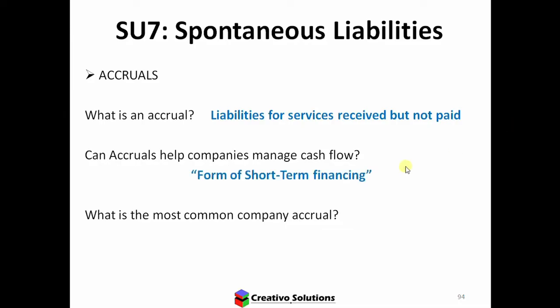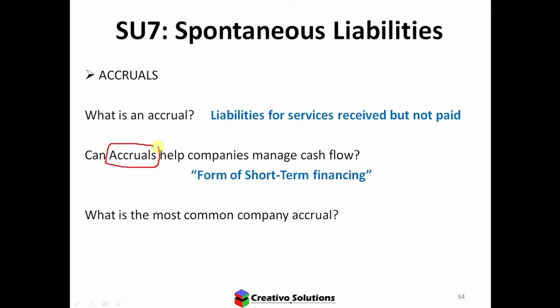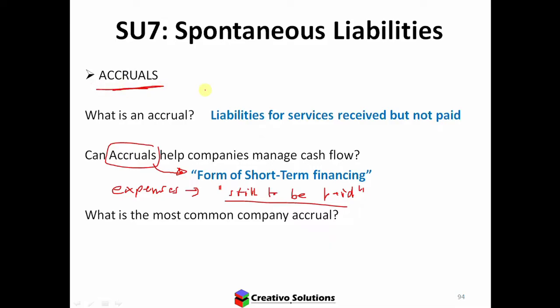When I'm looking at an accrual, the textbook talks about an accrual as a form of financing, because we have expenses that are, inverted commas, still to be paid. Let me ask you about water and electricity. Which is better, prepaid water and electricity or water and electricity billed in arrears? From a cash flow point of view.